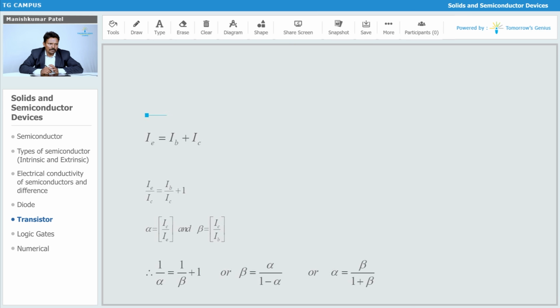Just put in these values and you will get this expression. So beta is equal to alpha upon 1 minus alpha, or alpha is equal to beta upon 1 plus beta. That is the relation between alpha and beta that you get over here.